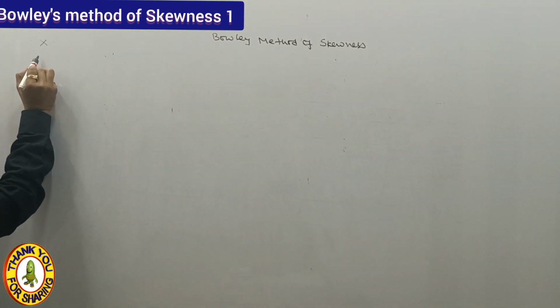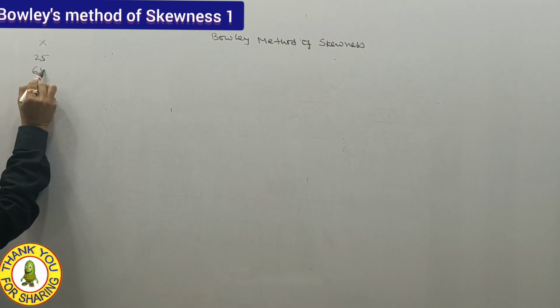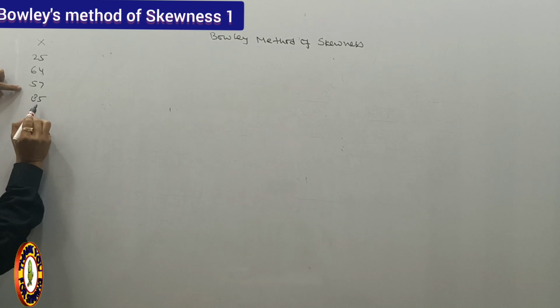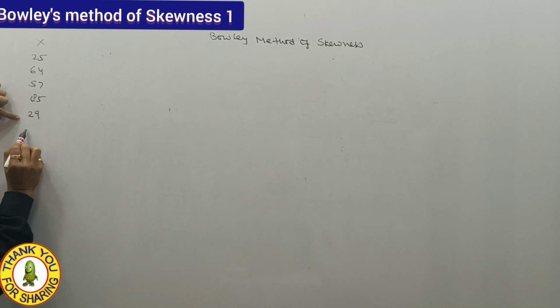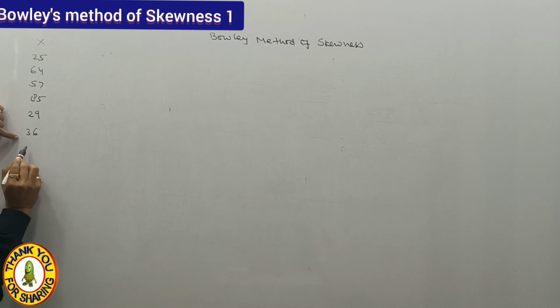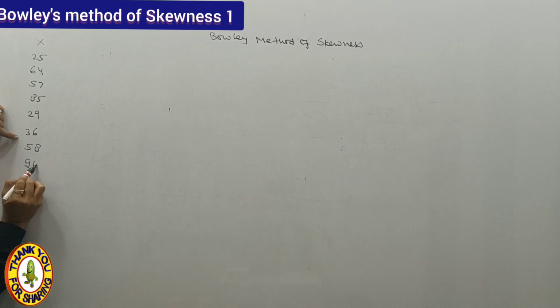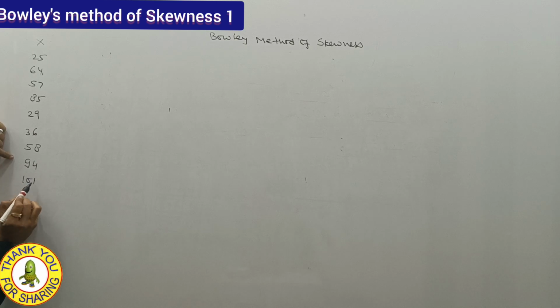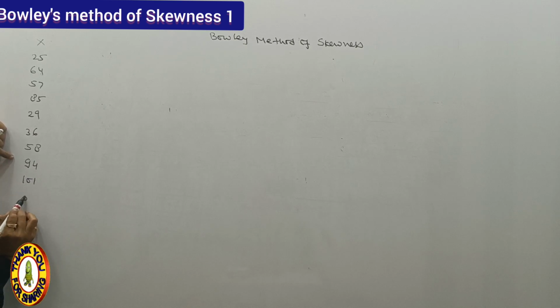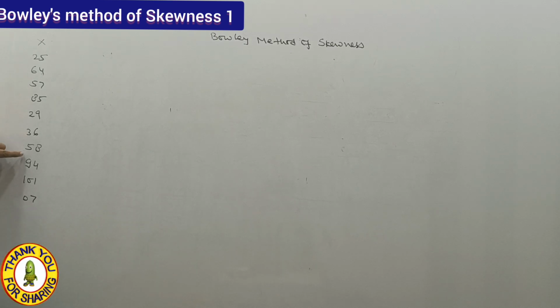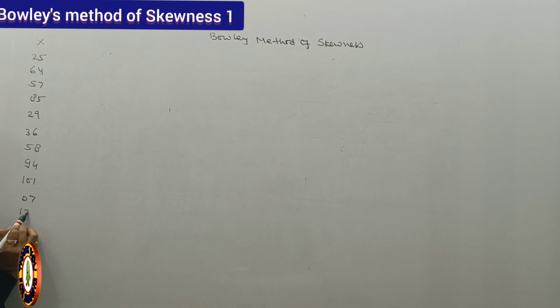Suppose our data is 25, then 64, then 57, then 85, then 29, then 36, then 58, then 94, then 101, and 120. One, two, three, four, five, six, seven, eight, nine, ten, and one more data, so 11 data are available.